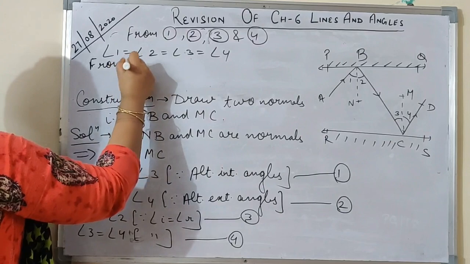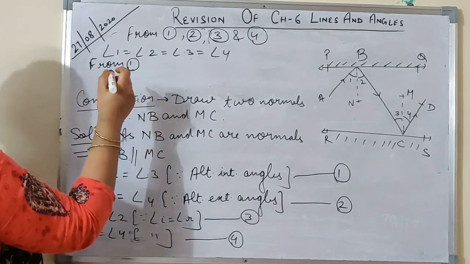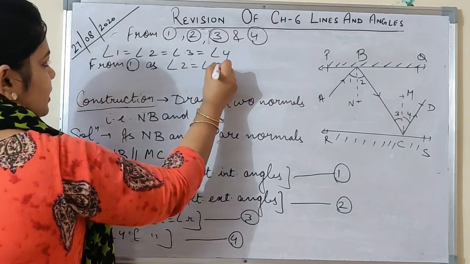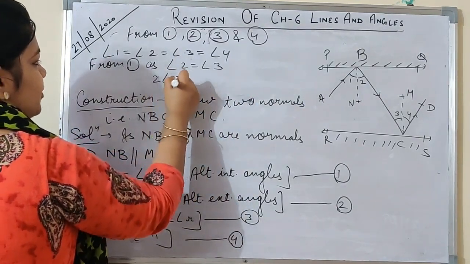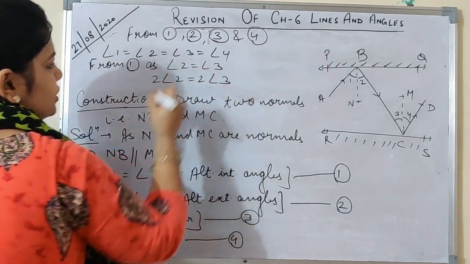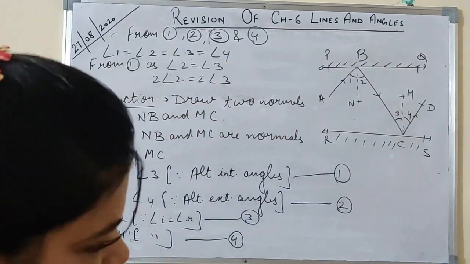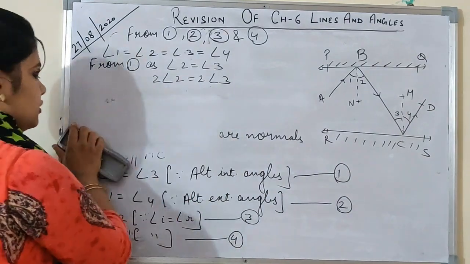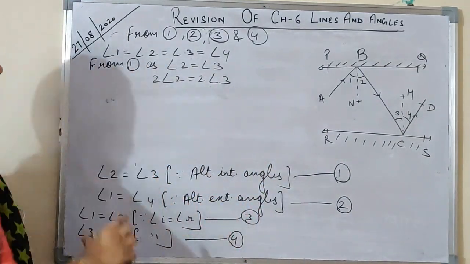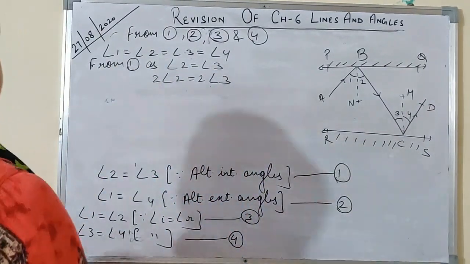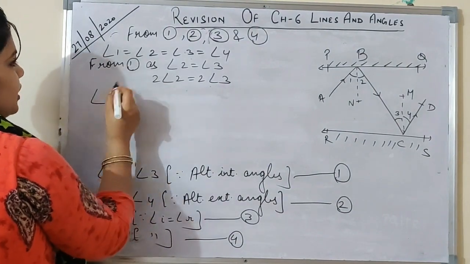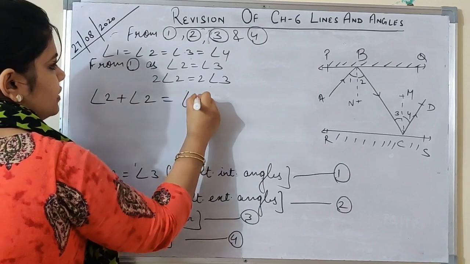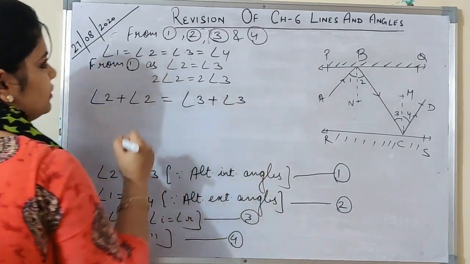Equation 1, we can write that as it is given to us that angle 2 is equal to angle 3. That means we can multiply both the sides with 2. So, after doing twice, what will we write? We can write that twice of angle 2 can be written as angle 2 plus angle 2 and twice of angle 3 can be written as angle 3 plus angle 3.